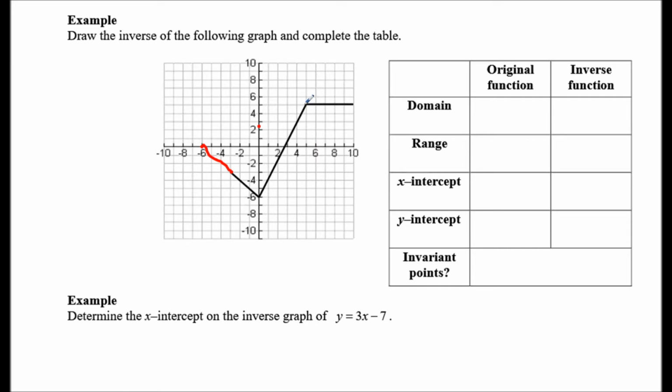I do believe that that's going to reflect to 5, 5. Oh, hello, another invariant point. Do you see this point here, which is 10, 5? Won't that become 5, 10? So all I'm doing is taking every point, finding it on the grid, and swapping. And so now I can connect here, I can connect there, and I can connect there.